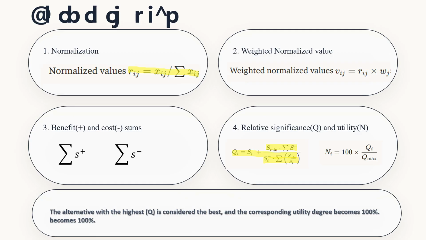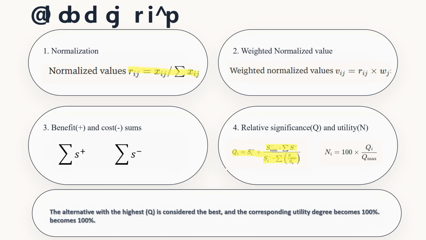Now Si is the summation of that alternative for the beneficial criteria, plus S minimum means the minimum value of the alternative for the cost criteria. Dot means multiplication with the summation of all the values of alternatives for the cost criteria.